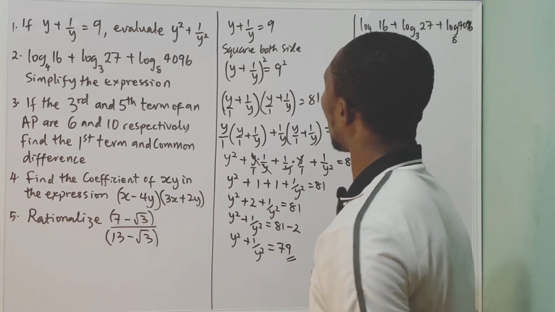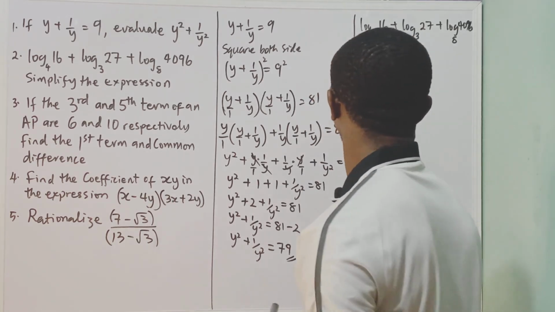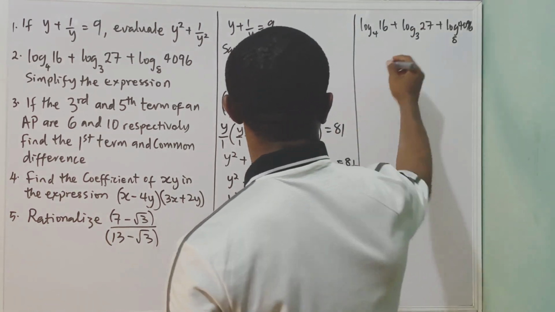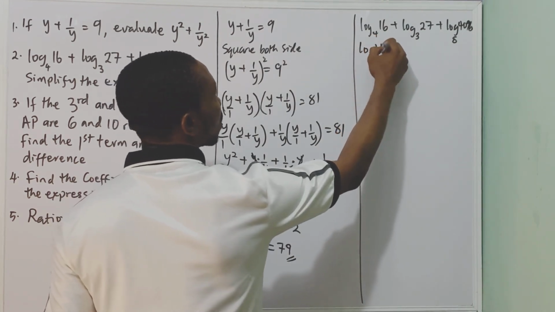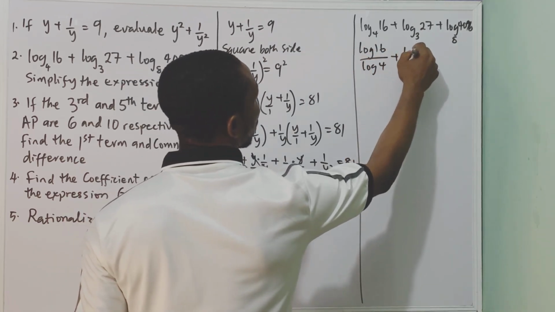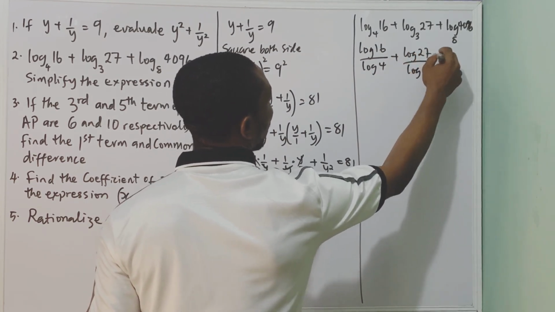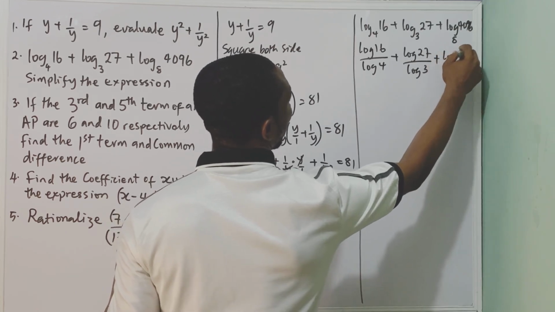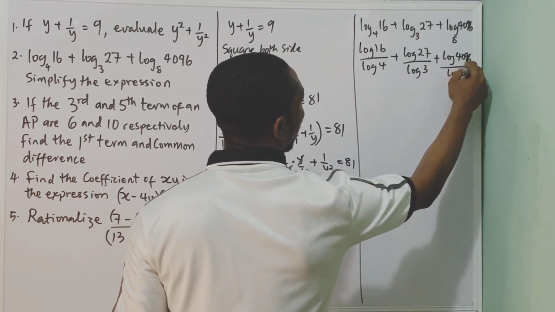Now, we can apply the change of base law. In applying the change of base law, we have log 16 over log 4 plus log 27 over log 3 plus log 4096 all over log 8.